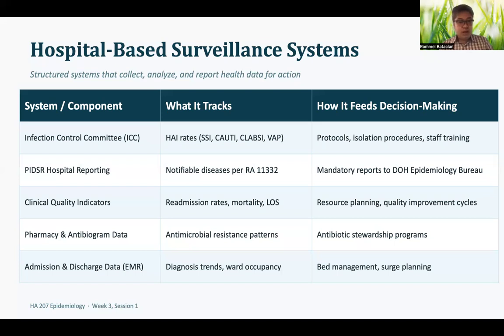Unfortunately, not all hospitals in the country have an electronic medical record system yet. Some still use the paper and pen record system, but that's still part of the record keeping that is very important in the hospital setting.